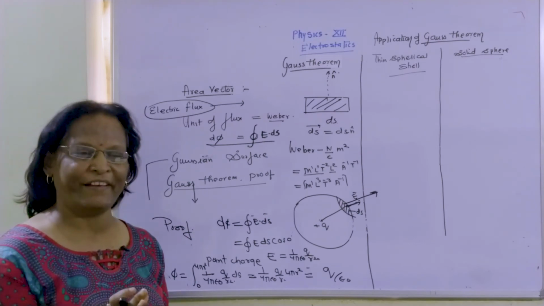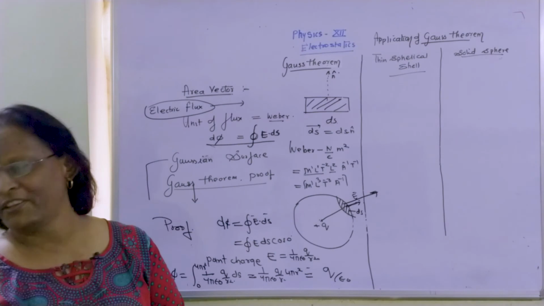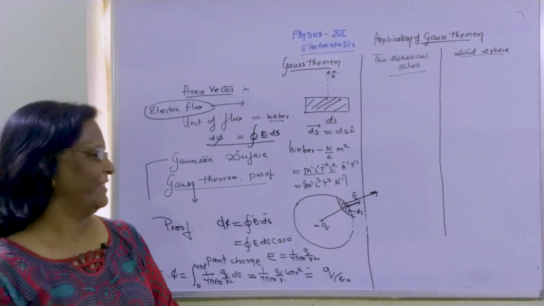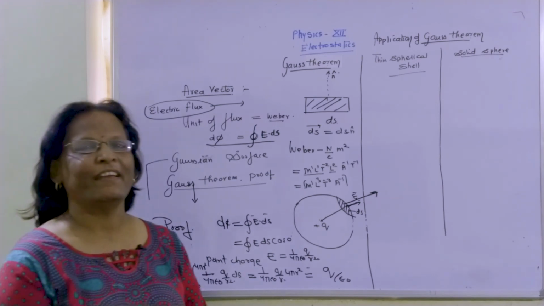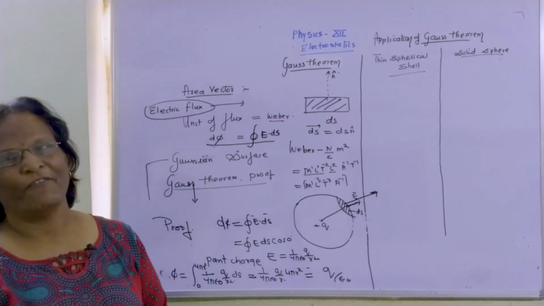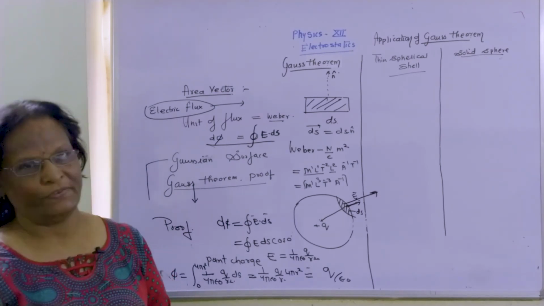So when this flux is independent of dimensions, even if we are changing the dimension of that particular sphere, the total flux will never change. Either we can double that radius, we can triple the radius of the sphere, but flux will remain constant.